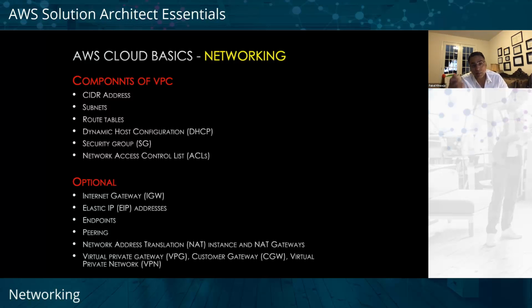Security group is another important one, right? Whenever an IP address is trying to access an EC2 instance, for example, the security group comes into play. It says, okay, is this IP address allowed in order to access this EC2 or not? If it is not in that security group IP list, then it would reject it.